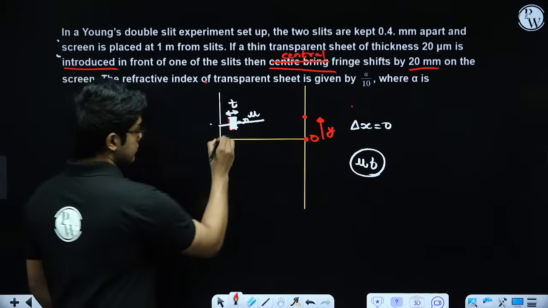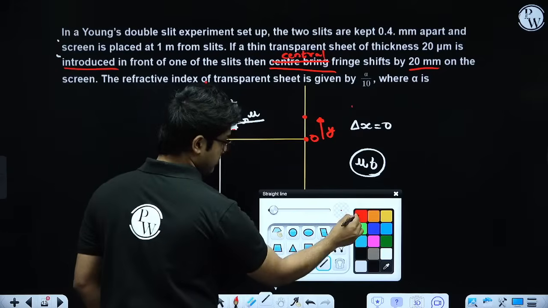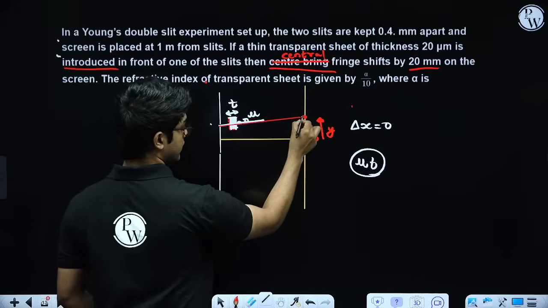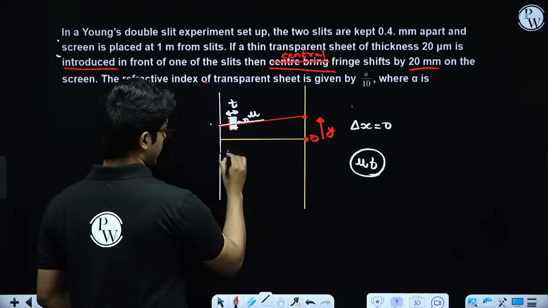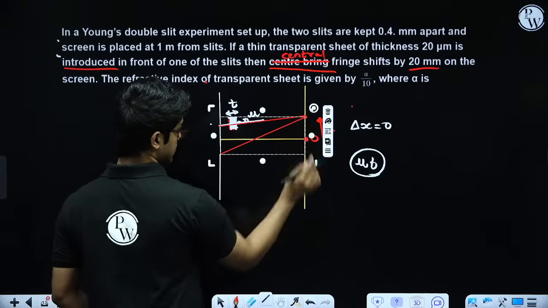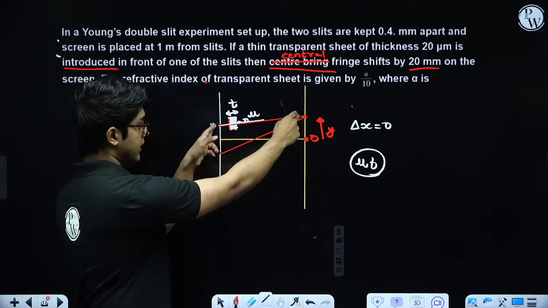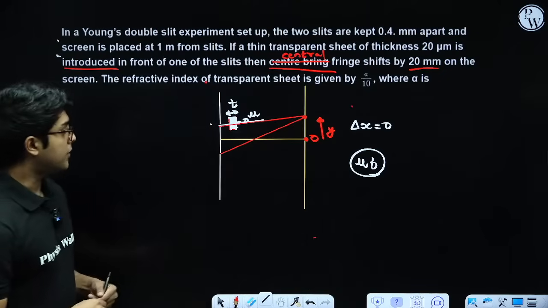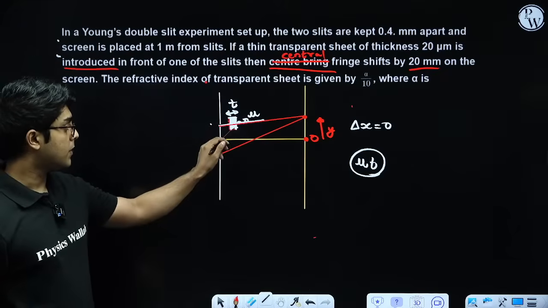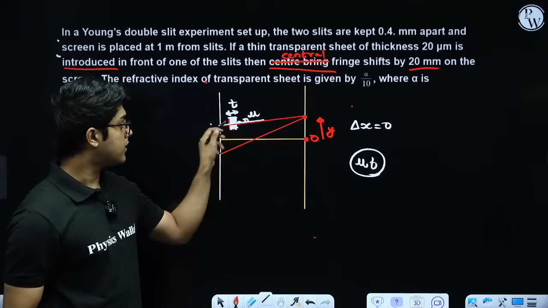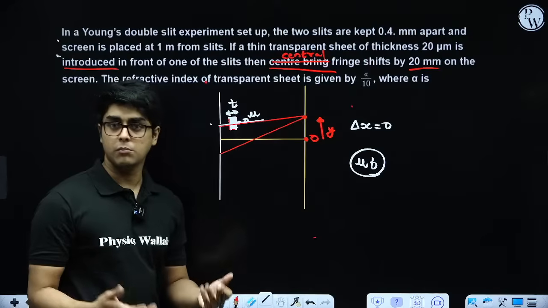So now let's draw the diagram. This light ray is going to be something like this, and this light wave travels this distance. So clearly this path is a larger path than this red path, but because of this glass slab, the upper light wave travels a slightly more distance.